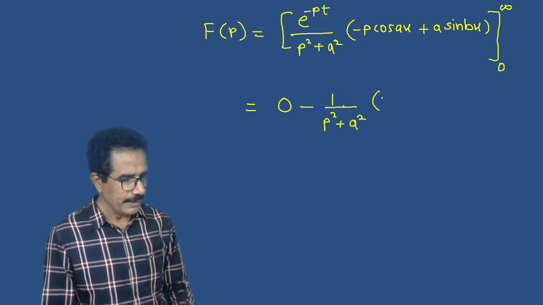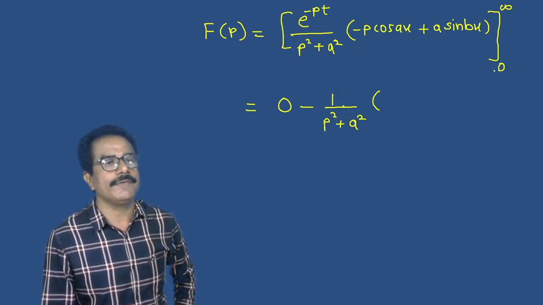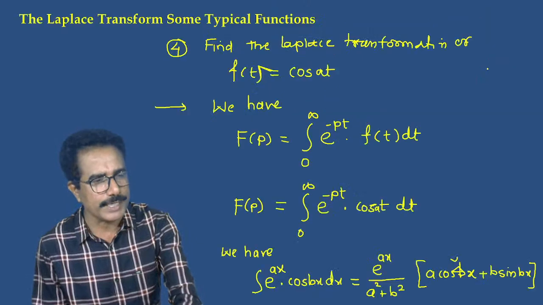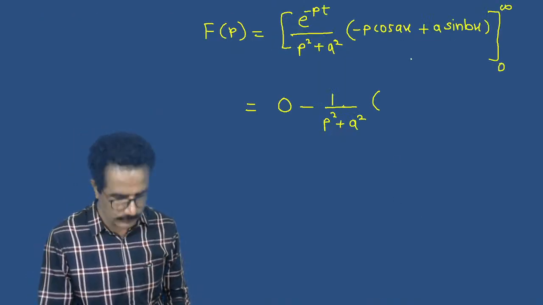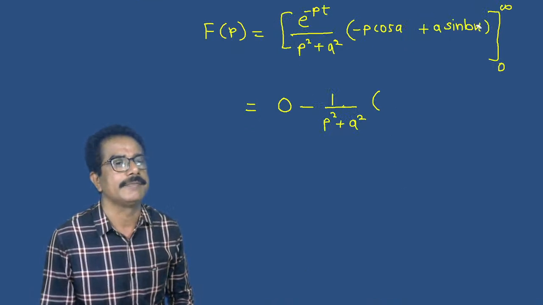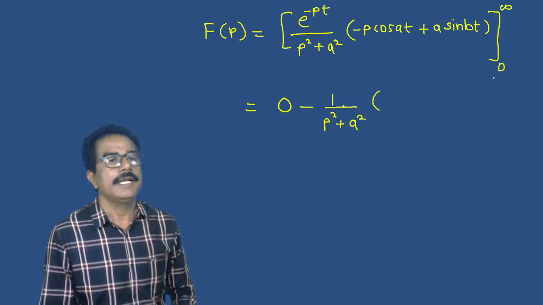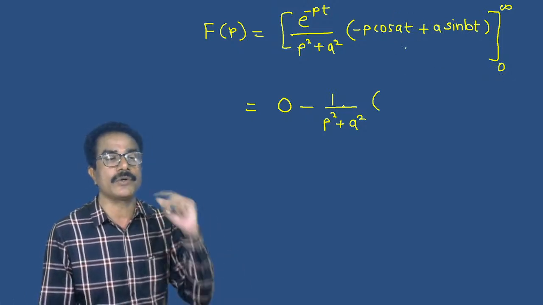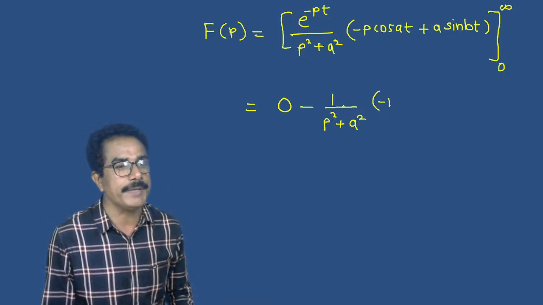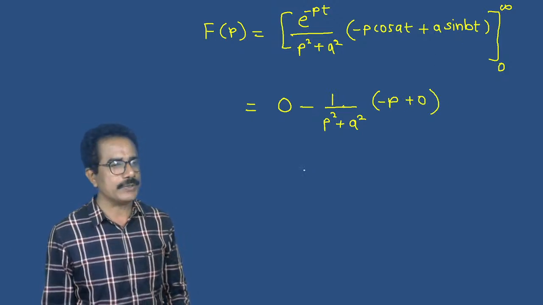again into, sorry, here we have to write t, since the integration is with respect to t. Now if we put the lower limit, cos 0 is 1, so minus p into 1 means minus p, plus sin 0 means 0. Is it okay, students?